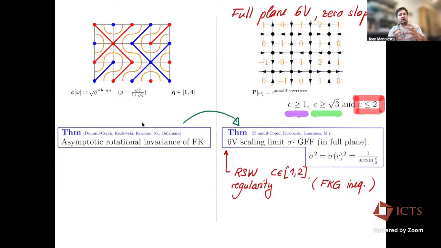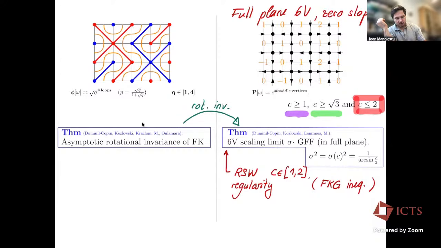You need something to tell you that the scaling limit is of the right type. It turns out that the rotational invariance is almost this something. So what we're going to do is take the rotational invariance of FK, or of the supposed scaling limit or subsequential scaling limits of FK, and translate it to 6 vertex.